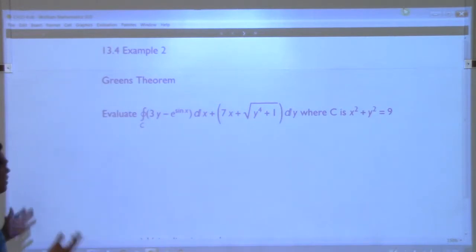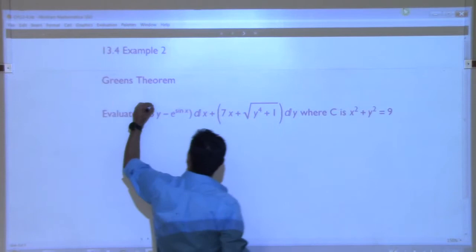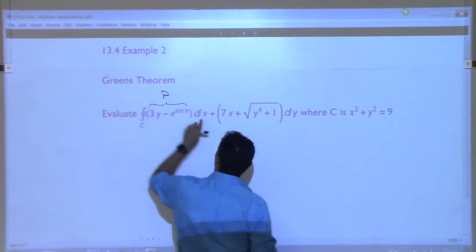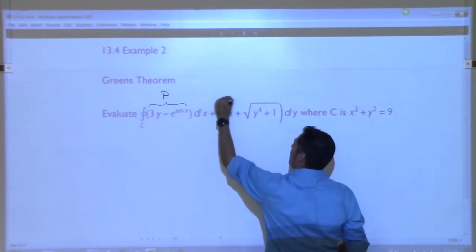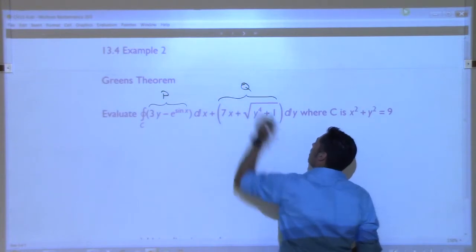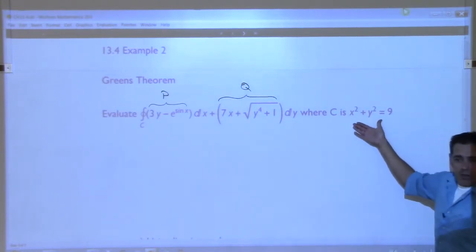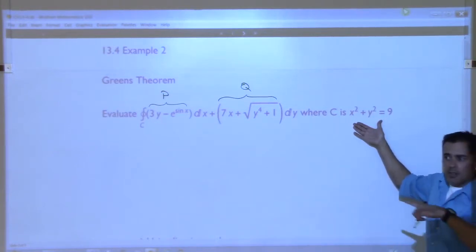Okay, now what we can do is use Green's theorem. So what is P in this problem for us? Yep. So this is P. And we have the plus sign, right? So we can just go straight here. This is Q. And we have that this was a closed curve that enclosed a region D, right?